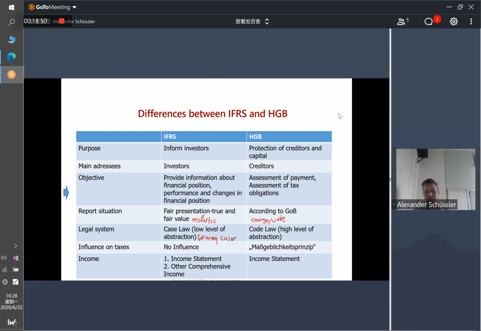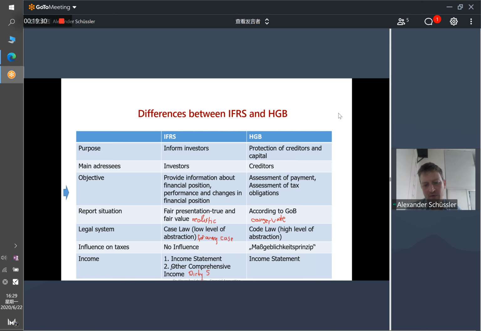Yeah, income. In HGB we only have the income statement. In IFRS we have income statement and other comprehensive income. That's why it's also called dirty surplus accounting. Yeah. Why dirty surplus accounting? Because not every euro or whatever currency you have does flow through the income statement.